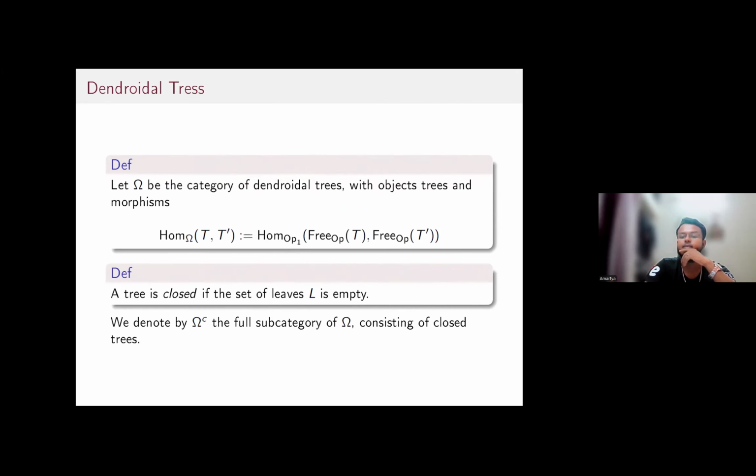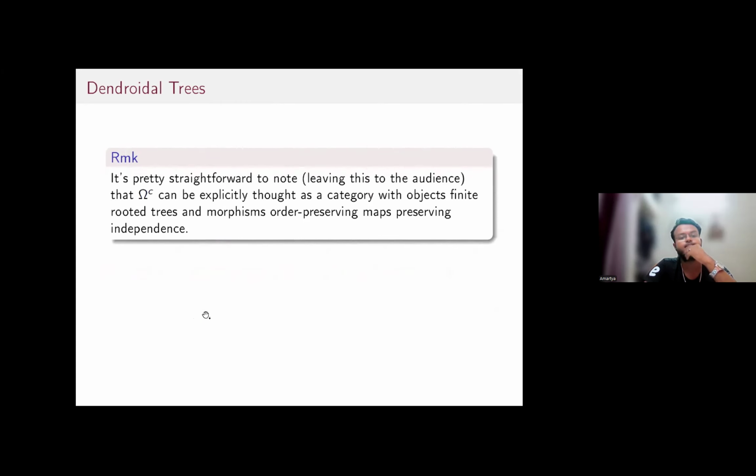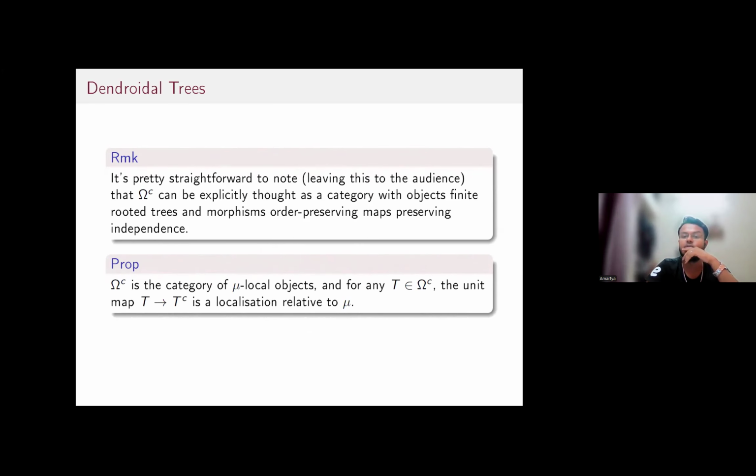The full subcategory consisting of these closed trees we denote by sigma c. It is pretty straightforward to see that sigma c can be explicitly thought of as a category with objects being finite rooted trees and morphisms being order-preserving maps, preserving independence. That's a pretty standard exercise.